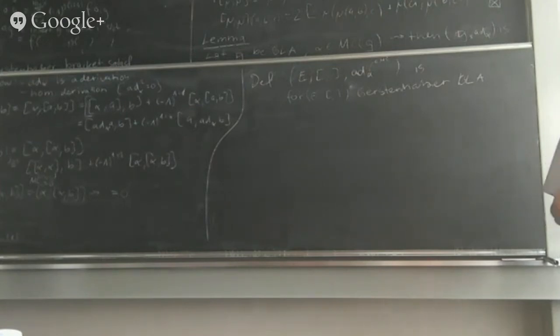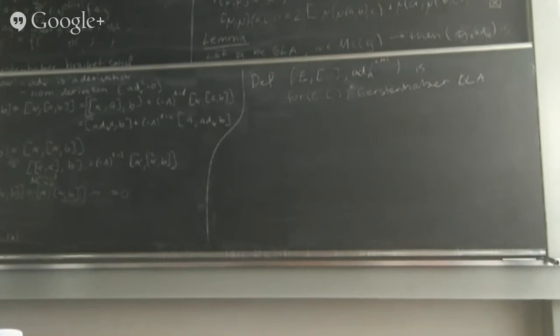We have seen that associative algebras are the Maurer-Cartan elements, right? That's the lemma. So we know that an associative algebra is such an alpha Maurer-Cartan. So we can take ad alpha, and this defines a complex.